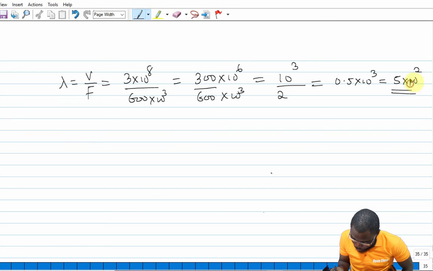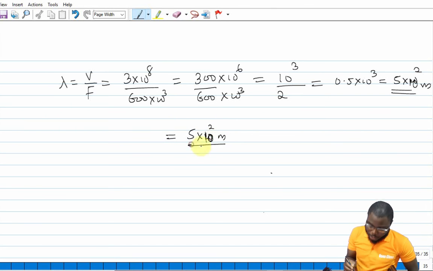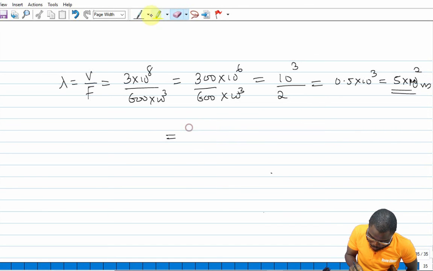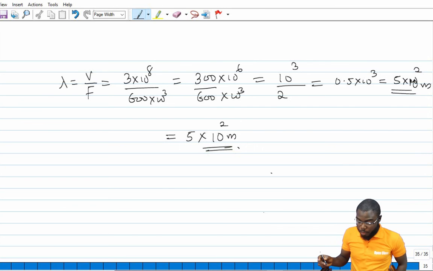Let me clean it properly: 5 times 10 raised to the power of 2 meters. So that's question number 25.